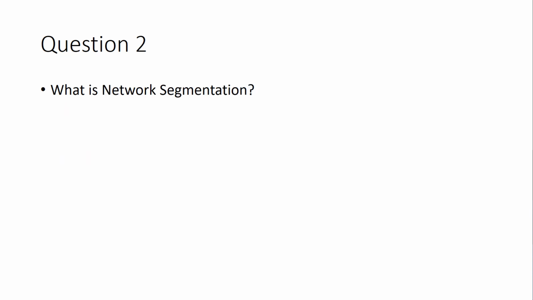Network segmentation. So, when you have a converged network, that's a data network that handles voice, video, and regular data traffic, segmentation becomes important, and that is separating the network or segmenting the network into like common areas.